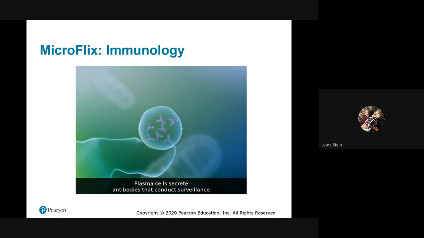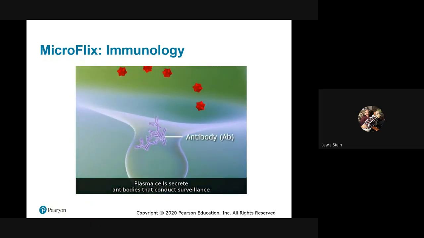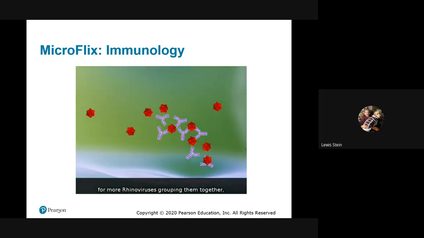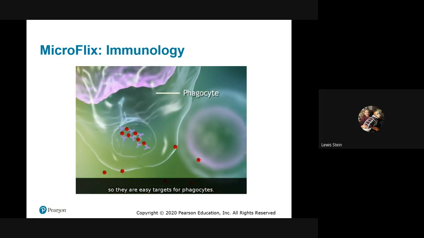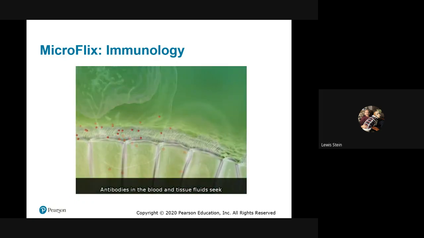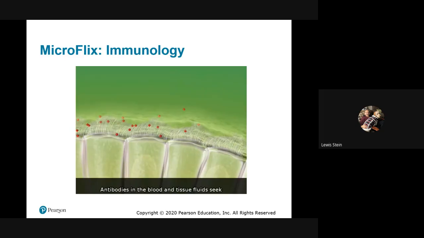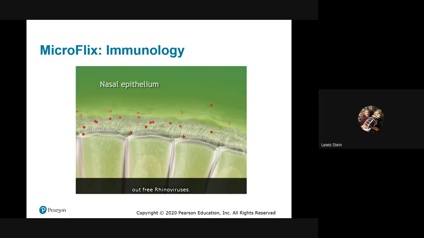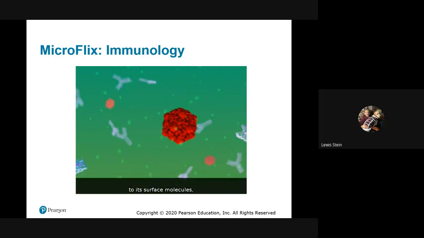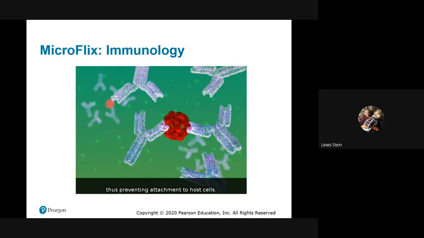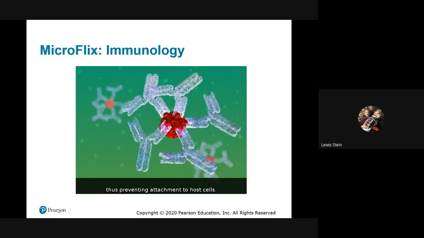Plasma cells secrete antibodies that conduct surveillance for more rhinoviruses, grouping them together so they are easy targets for phagocytes. Antibodies in the blood and tissue fluids seek out free rhinoviruses. The antibodies neutralize the rhinovirus by binding to its surface molecules, thus preventing attachment to host cells.